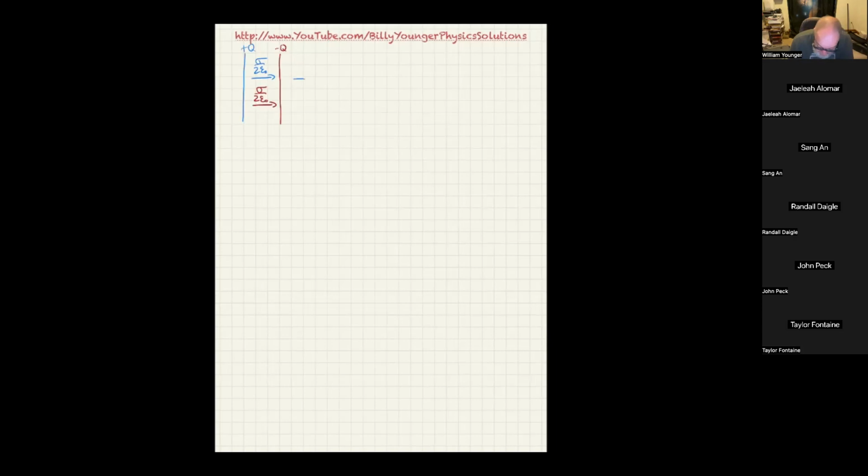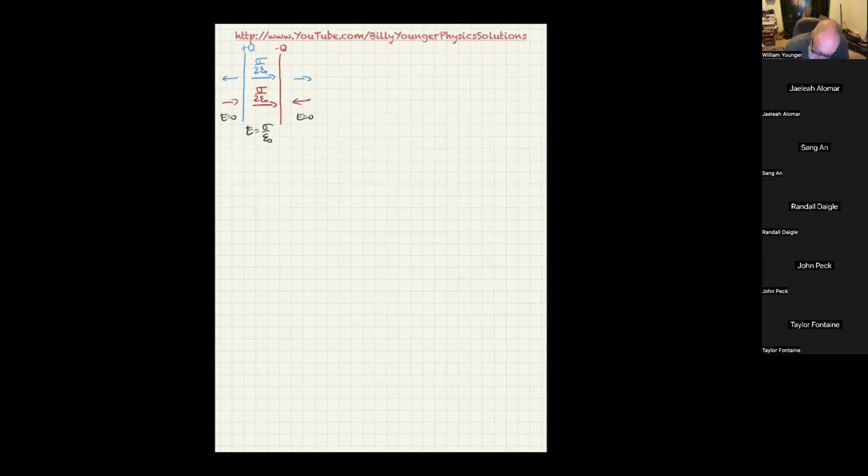Out here, I still get that, but I get this as well. Out to the left-hand side, I get this, but I still get this as well. So what I see is E equals 0, E equals 0, and E equals sigma over epsilon naught between the plates.